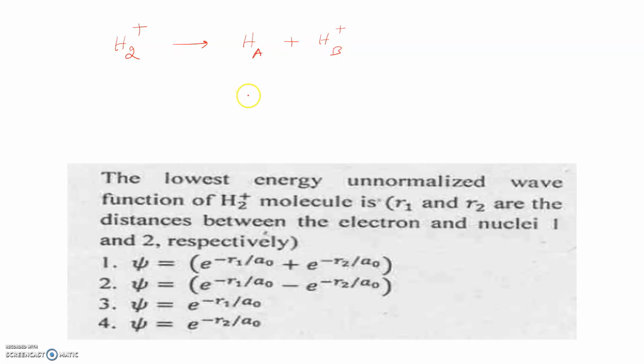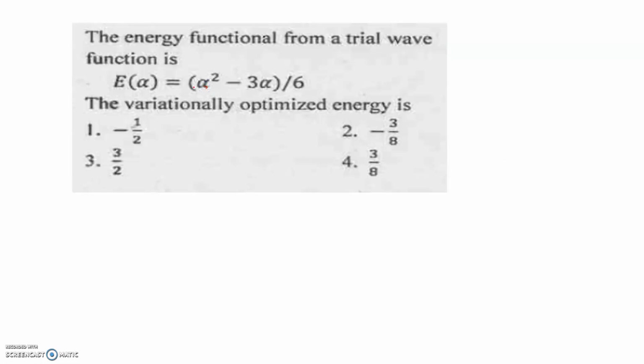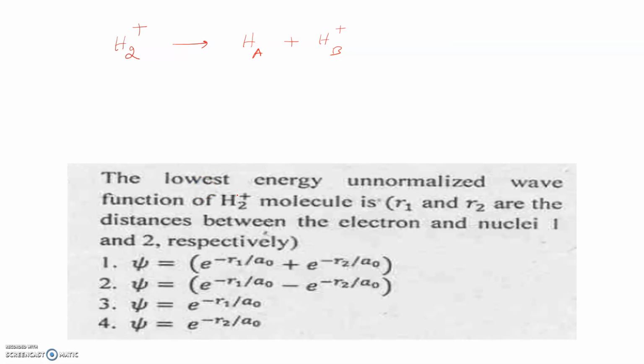Okay, so here you can assume this also as HA is plus and HB as a neutral atom. Suppose if you take this case, in this case, this ion has no electron, so we should consider only the atom A. So in atom A we have the nucleus and we have an electron.